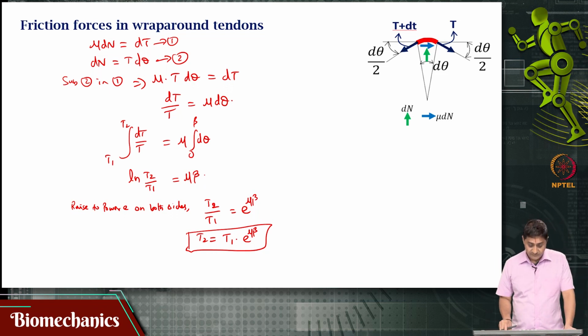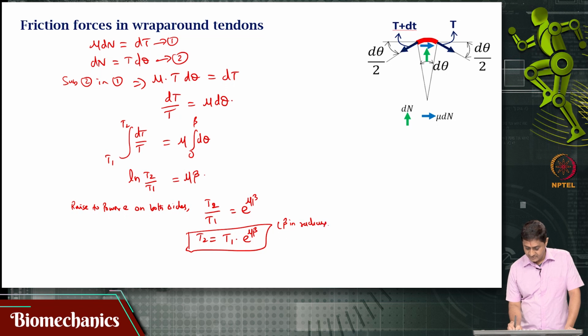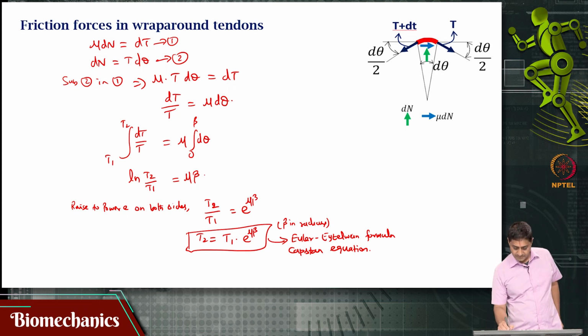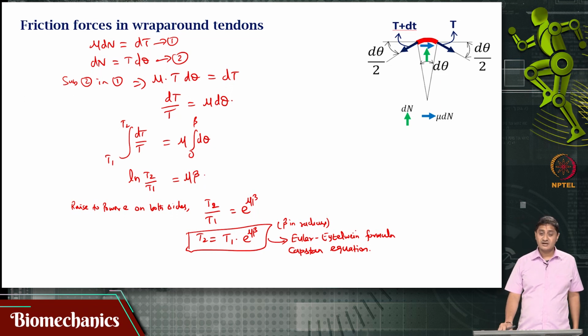Remember, beta is in radians. This relationship is called the Euler-Eytelwein formula or the capstan equation.